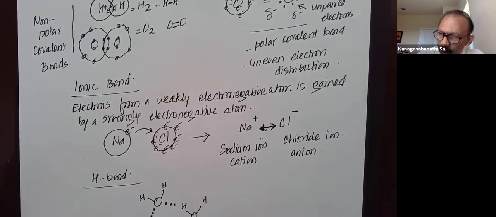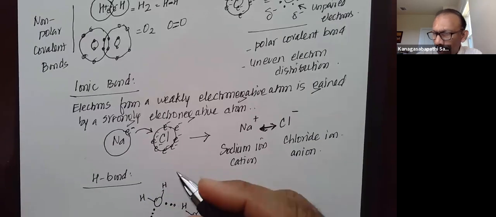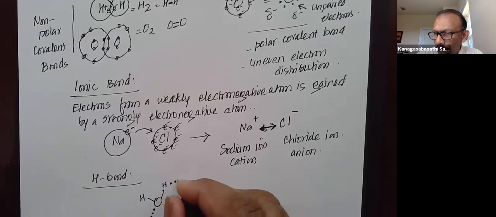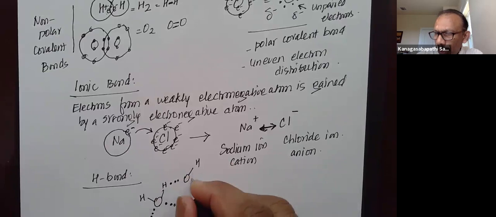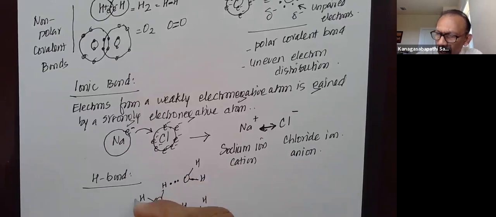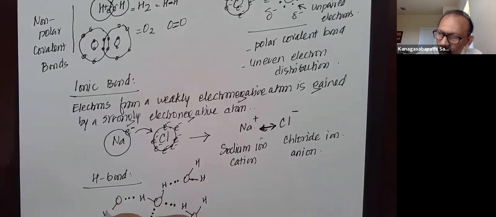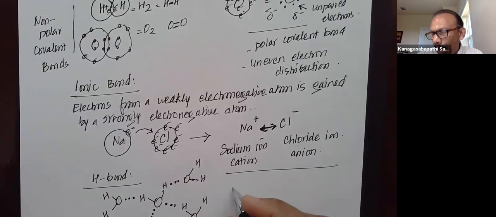And the same thing, this is attracting another hydrogen. The solid line indicates a covalent bond. The dotted line indicates a hydrogen bond. Okay, so hydrogen bond is formed.